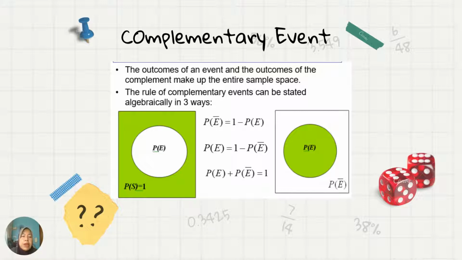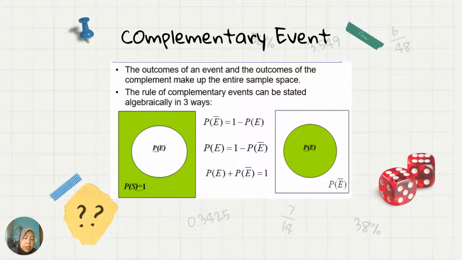Probability of event E plus probability of event E bar is equal to 1.